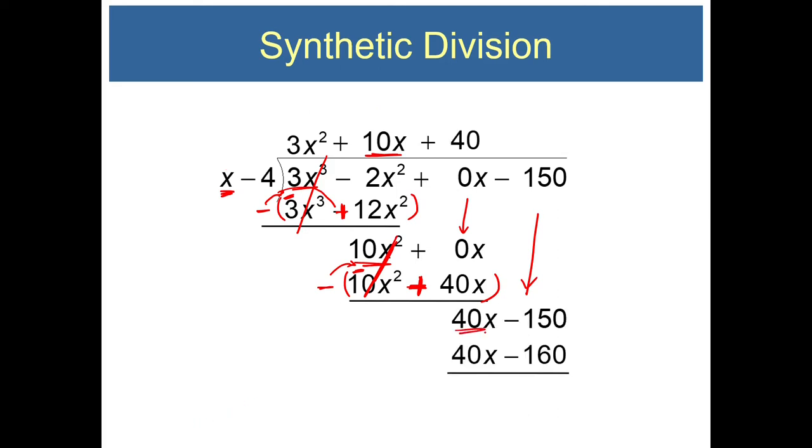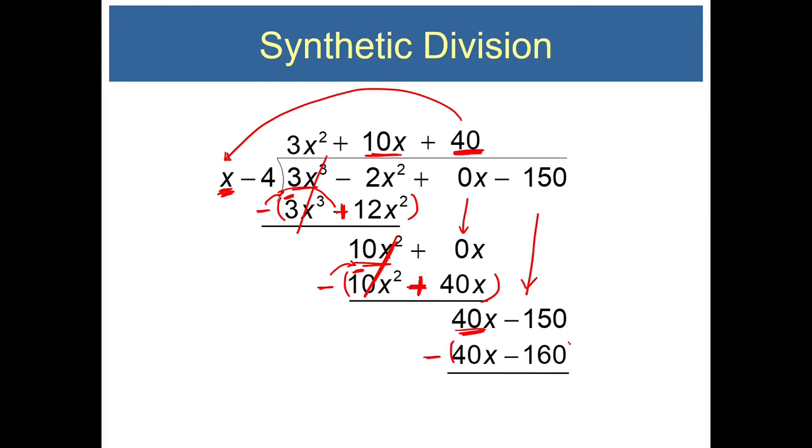So I'm going to ask, 40x. How do I get 40x by multiplying by x? Well, I need a 40. 40 times x gives me 40x. We'll distribute the 40 to the divisor. 40 times x is 40x. 40 times negative 4 is going to give us negative 160.